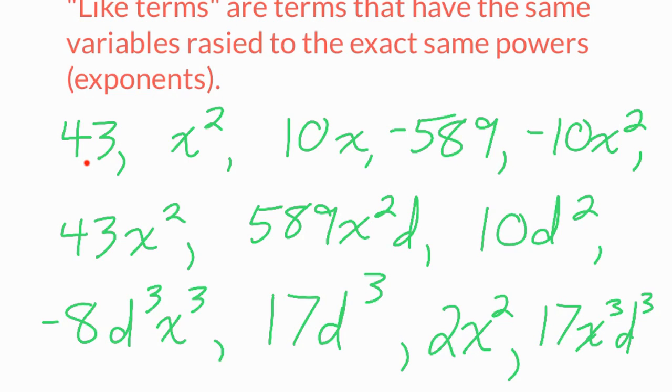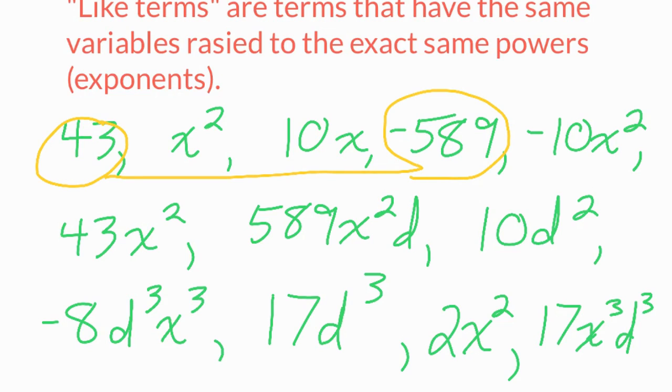So although it might be tempting to think that this term is a like term with this one, these are not like terms, even though you do see the same numbers here. Actually, this term and this term are like terms because both of them do not have any variables. So I'll just go ahead and link these terms together.